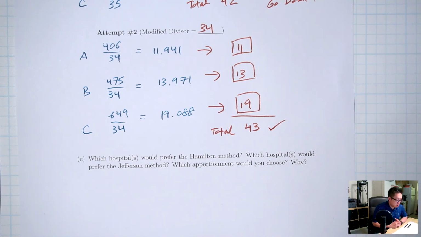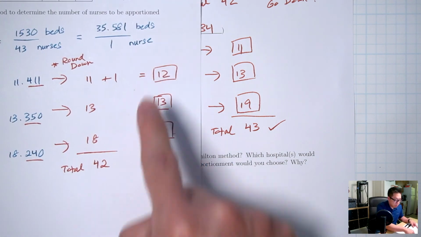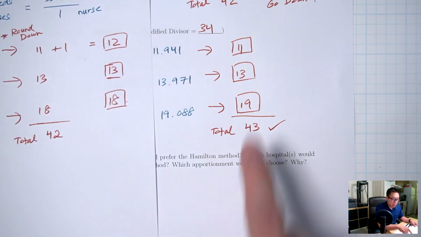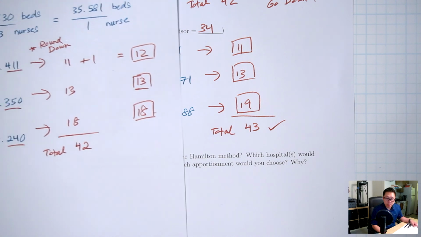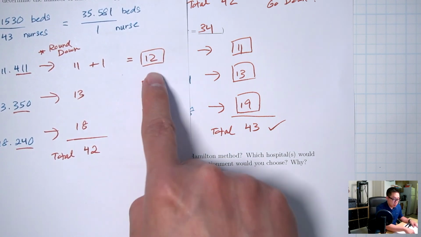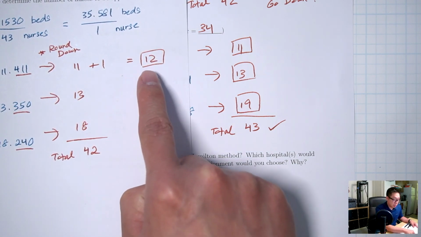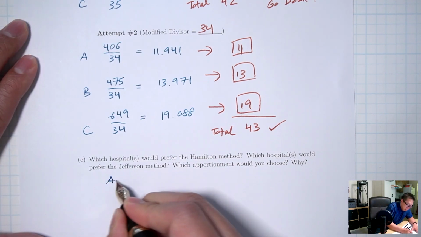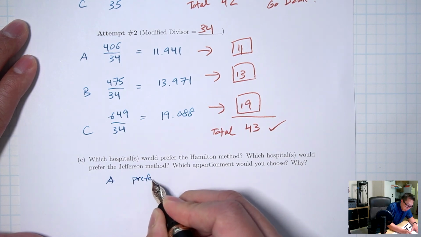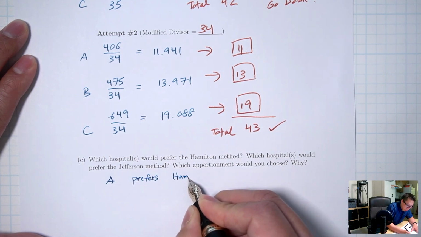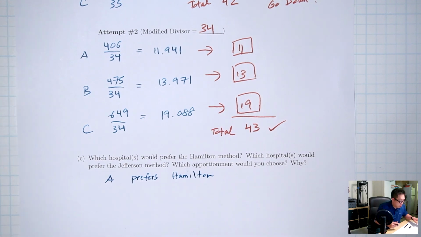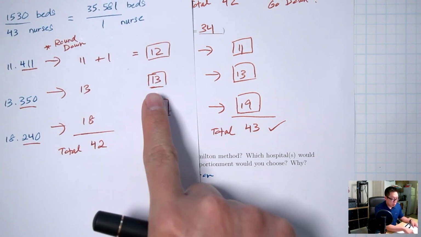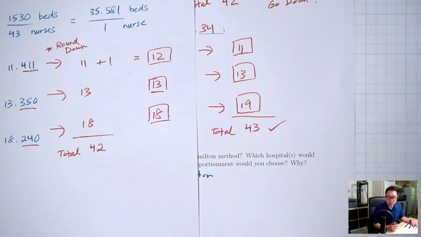So let's go with A. Okay, so A, which method would A prefer? A got 12 nurses with the Hamilton method and 11 nurses with the Jefferson method. So probably A is going to prefer the Hamilton method, which will give it more nurses, right? What about B? B got 13 with Hamilton and 13 with Jefferson.